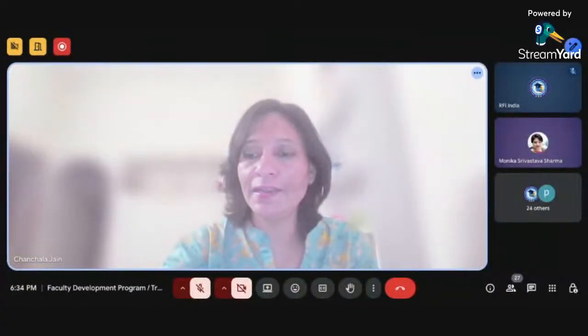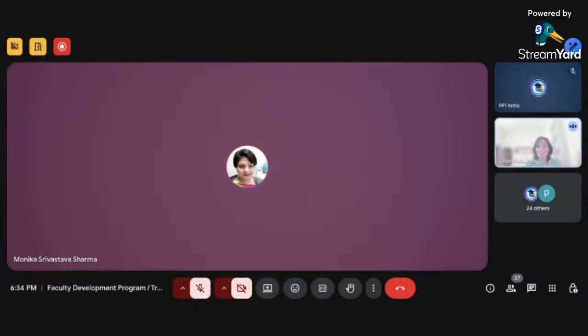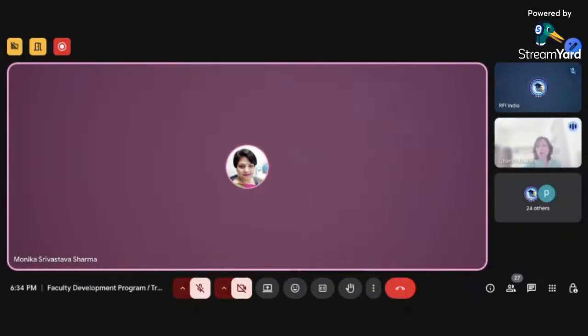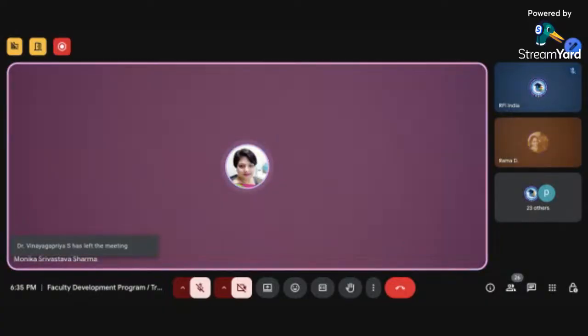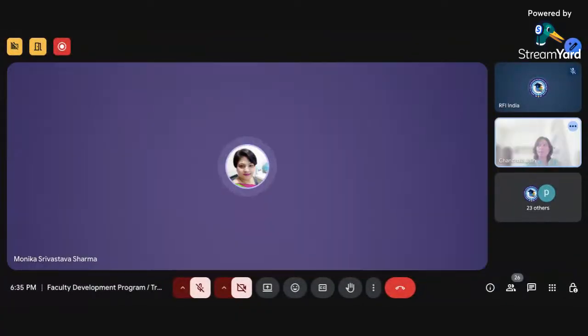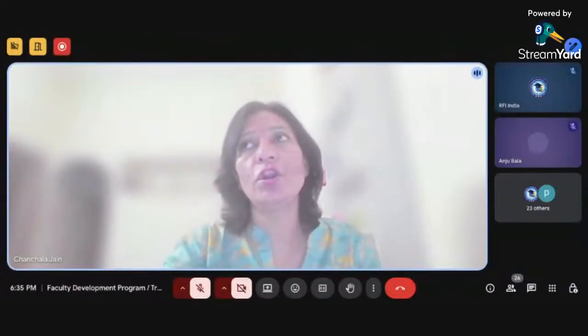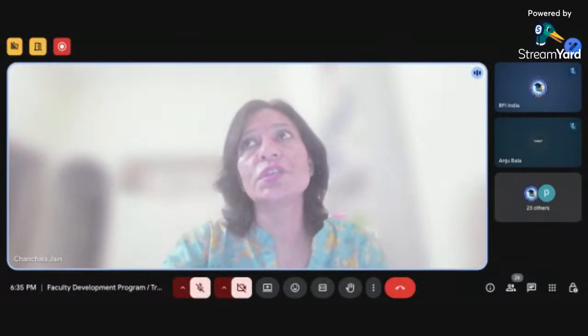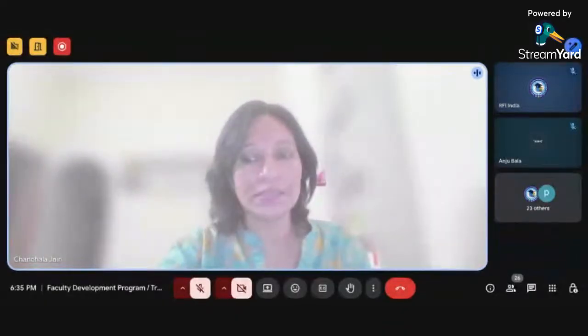Okay, and what was that? It says that pet ownership is independent of education level. Yes, ma'am. Very good. Means there is no association between pet ownership and education. Means education is not playing any role in deciding whether the person is owner of a pet or not. Is it clear?